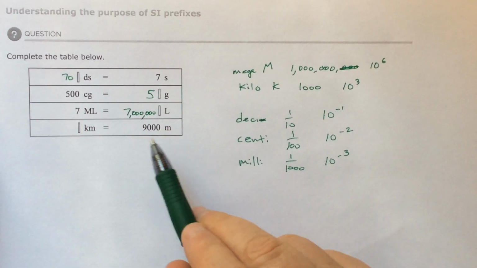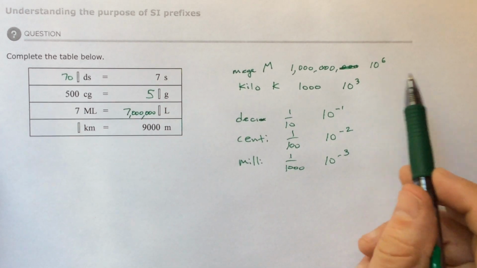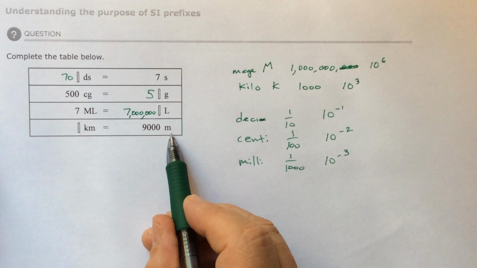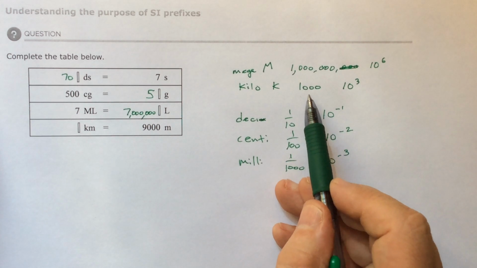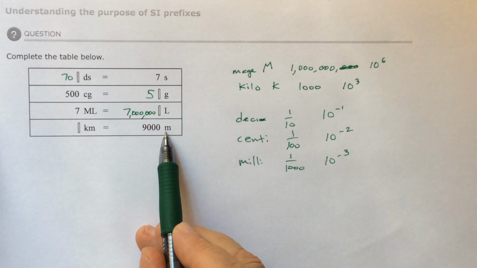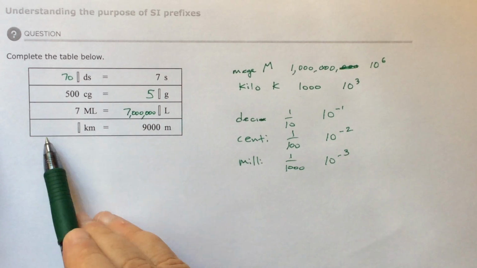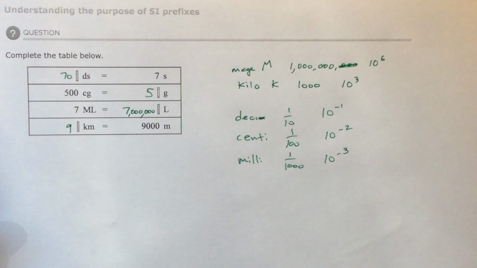Once you get into really big numbers, it's easier to use scientific notation. The last one here: 9,000 meters is how many kilometers? A kilo is 1,000, so you divide as you go from something small to something big, and your number gets smaller. Dividing by 1,000, this ends up being 9 kilometers.